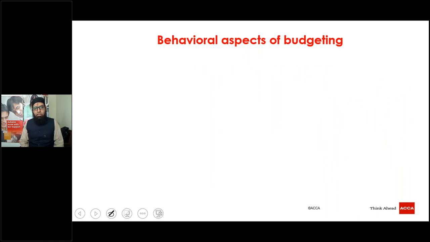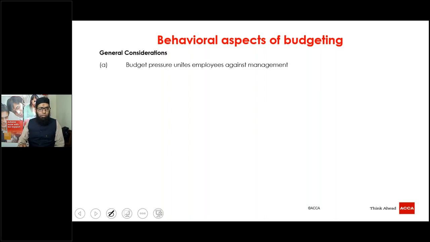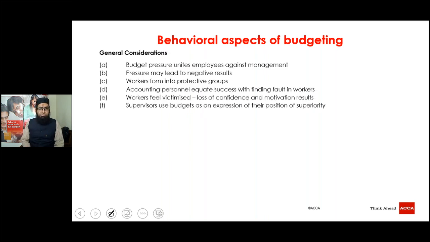Let's now also discuss the behavior aspect of budgeting. So there are a few general considerations. First of all, budget pressure unites employees against management. So it is common in organizations where a proper budgeting system has been implemented that the employees who feel victimized in the process of budgeting will be united and support each other against management.